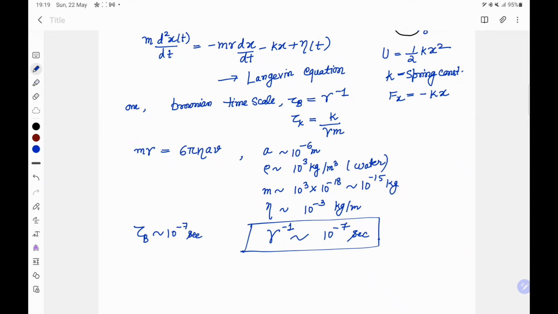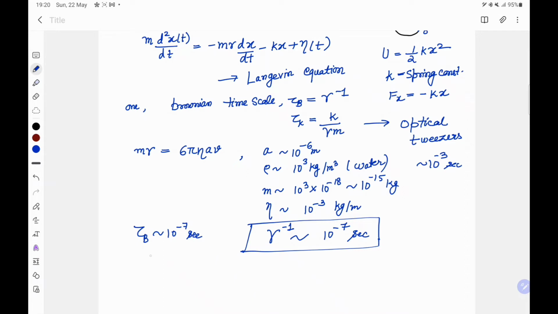And in general, for biological systems, these kinds of harmonic potentials are actually applied to track particles. There is a name in soft matter called optical tweezers, which is used to guide the particle the way we want, to confine the particle, etc. These time scales are of the order of 10 to the power minus 3 seconds.